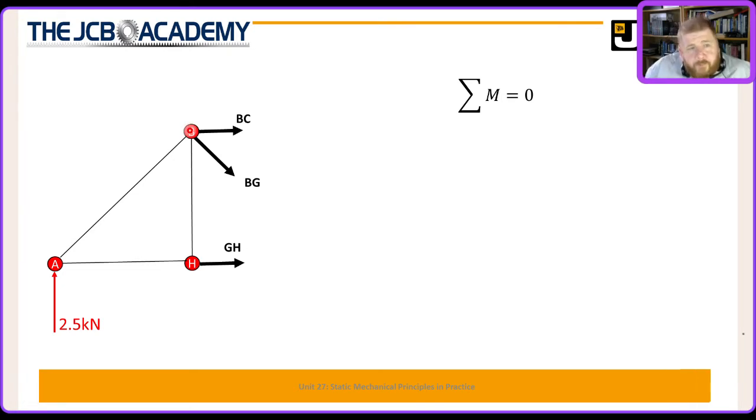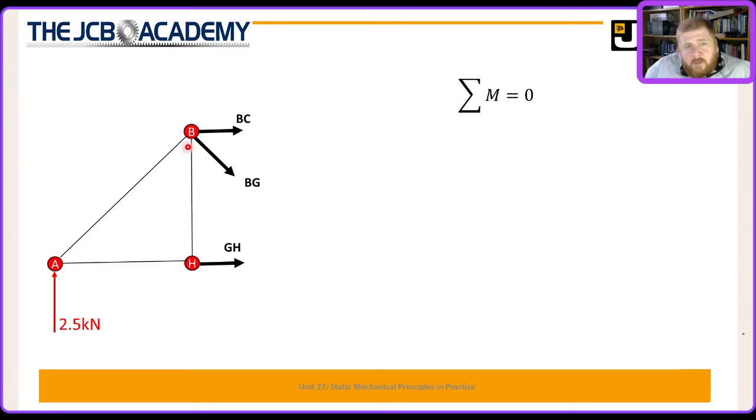BC acts 2 meters vertically from the pivot. So horizontal forces act vertically. So we've got BC times 2 meters.